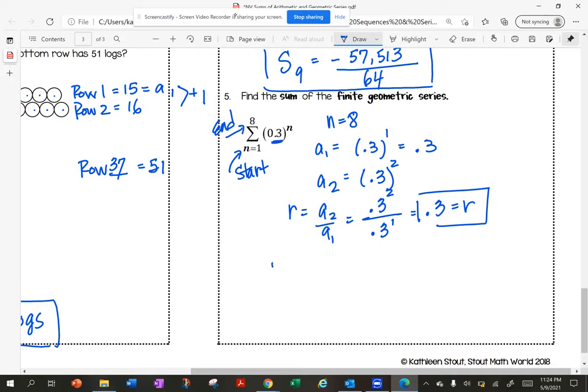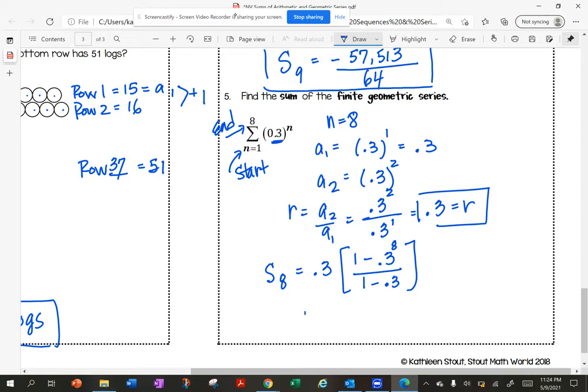Okay, so let's find the sum of our 8 terms. So I'm using my first term, which is 0.3, times 1 minus 0.3 raised to the nth power, which is 8, divided by 1 minus 0.3.